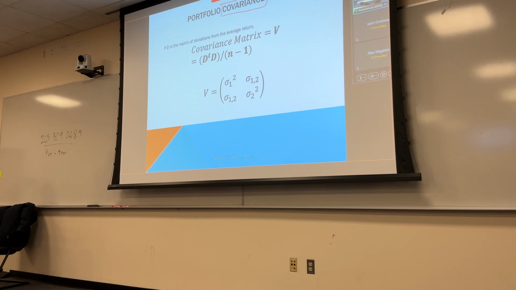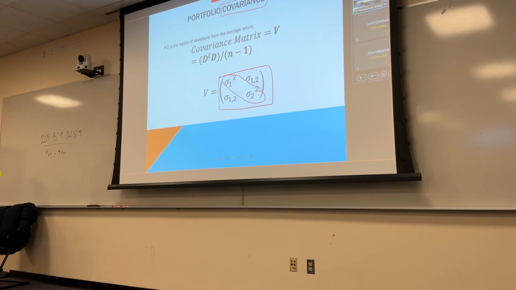The covariance matrix, once again, is a table that collects all of the variances and covariances, where all of the variances are on the diagonal, and off the diagonal you have all of the covariances between all pairs of the portfolio components.